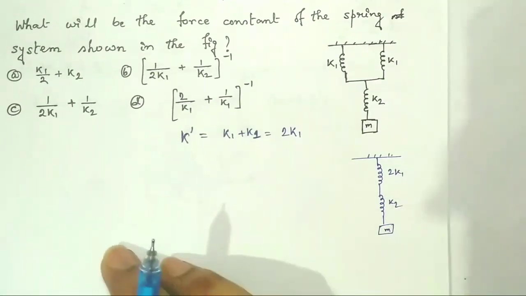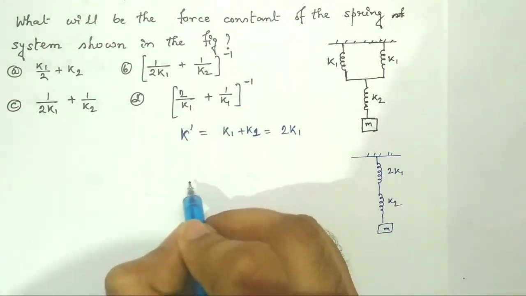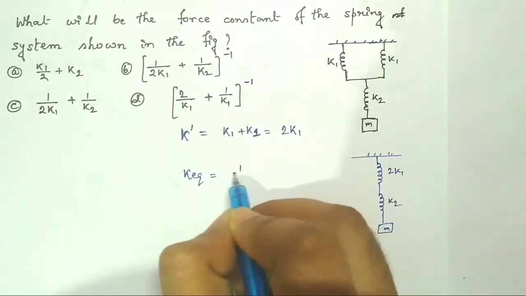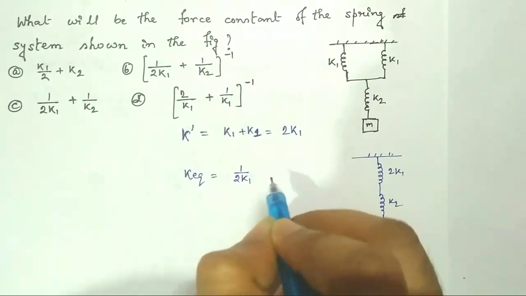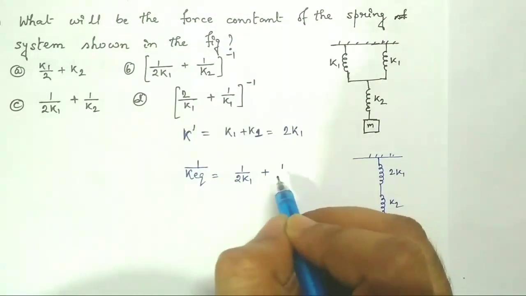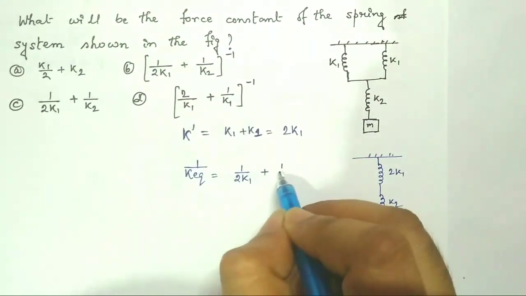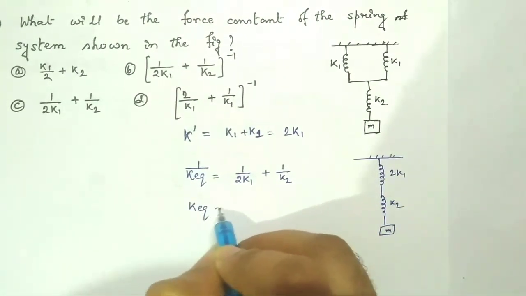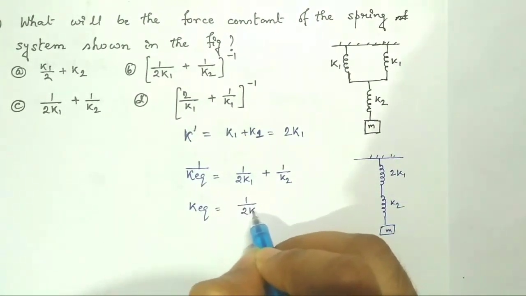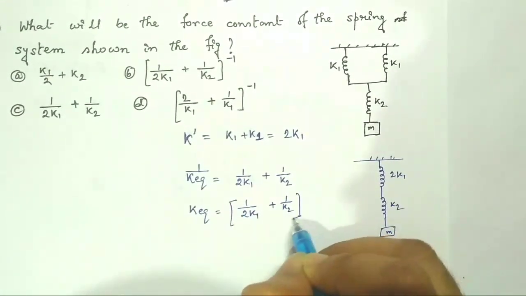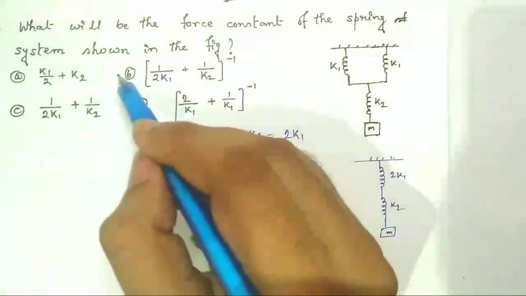So, the equivalent spring constant of the spring system is given by K equivalent. 1 by K equivalent equal to 1 by 2K1 plus 1 by K2. That is, K equivalent will be 1 by 2K1 plus 1 by K2 whole inverse. That is option B.